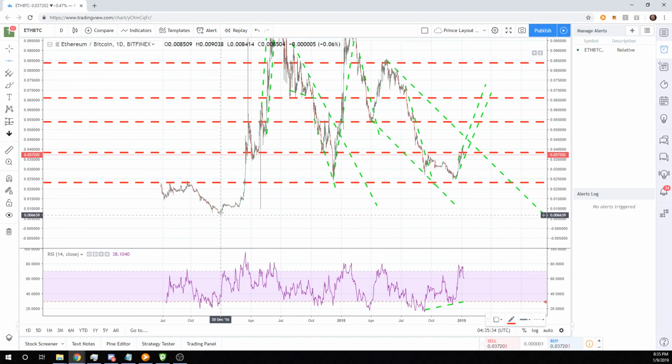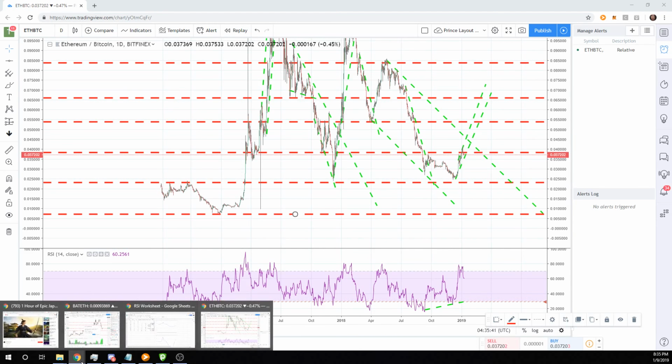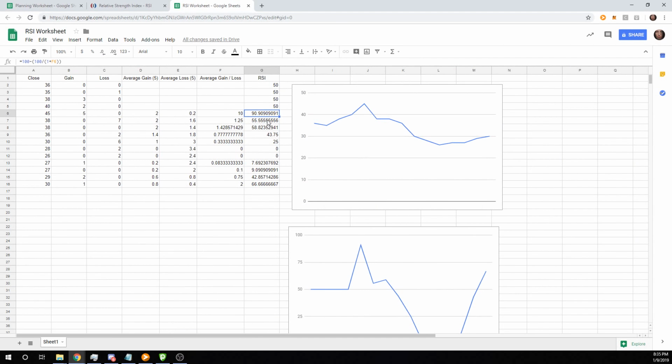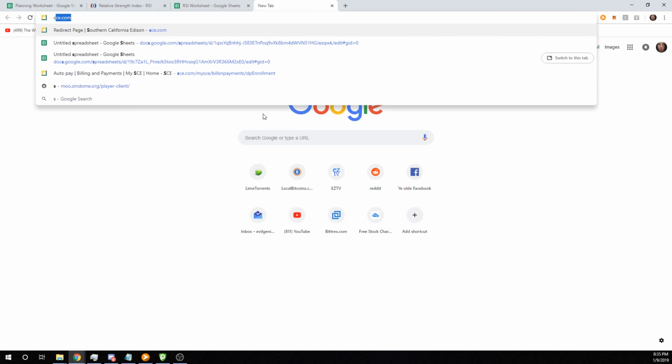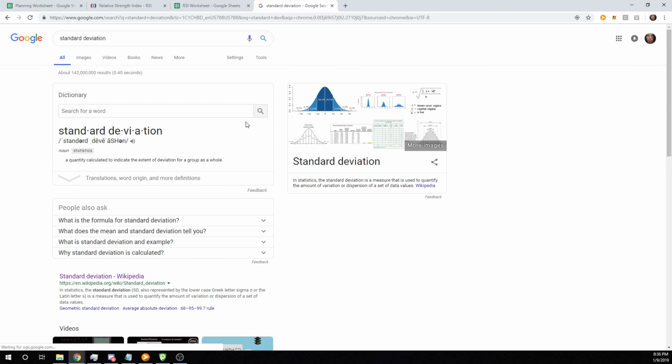So what I showed you earlier is the correlation between how numbers move in percentages. And as it turns out, that's actually a really interesting correlation, because what you find is that things tend to move in standard deviations.